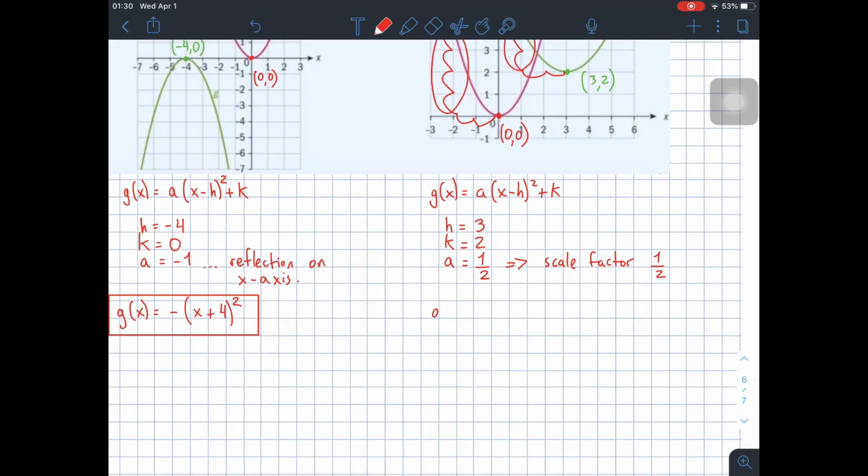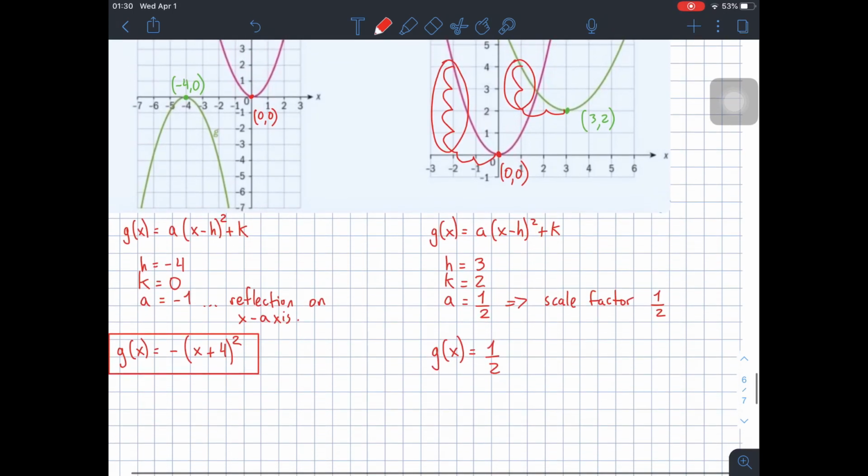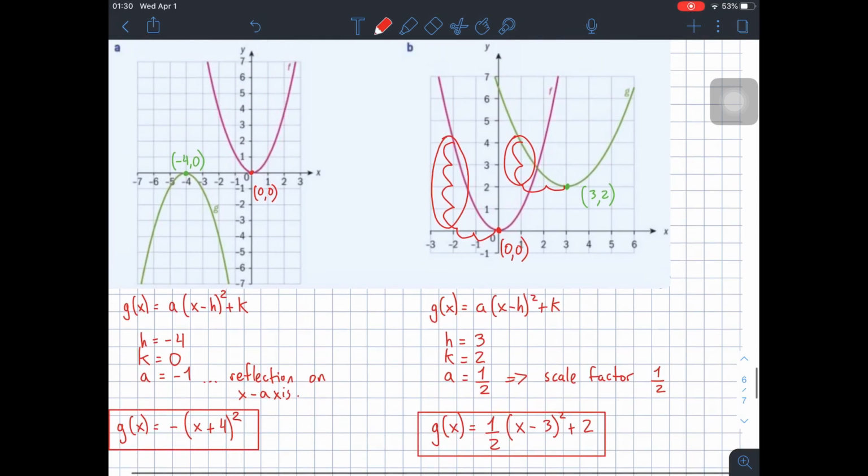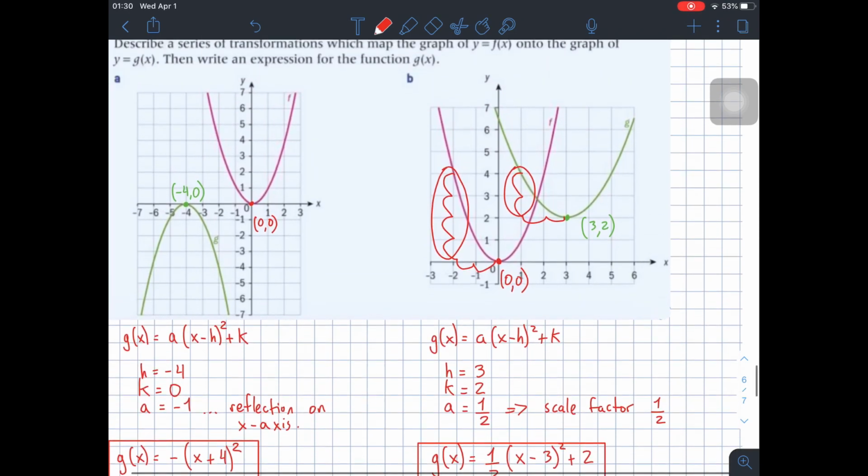Okay, so finally the new function, the green one, would be 1/2, positive 1/2, because they're both happy faces, times x minus 3 squared plus 2. This would be the new equation that maps the parent function, the red one, into the green one, okay? The translated function.